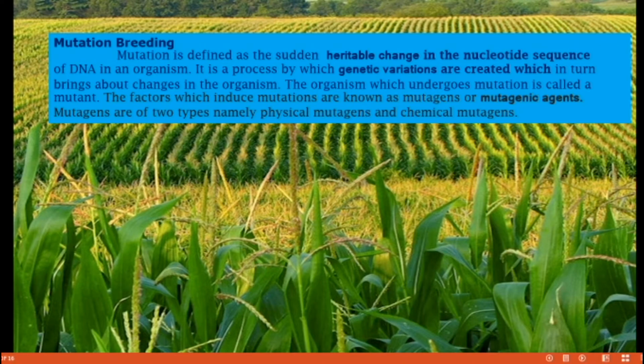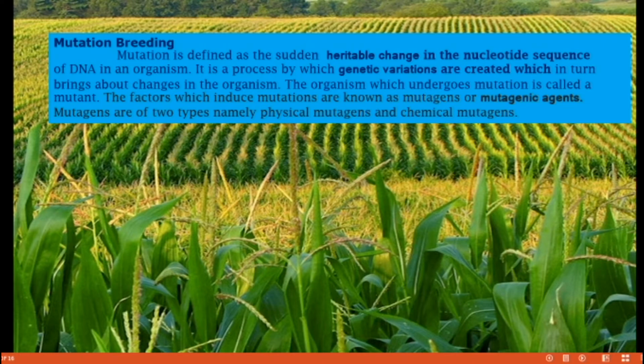What happens? The plant is totally different from the normal plants, or the organism changes from the normal organism. So that we call mutation. We are going to study the details later. The organism which undergoes mutation is called a mutant.